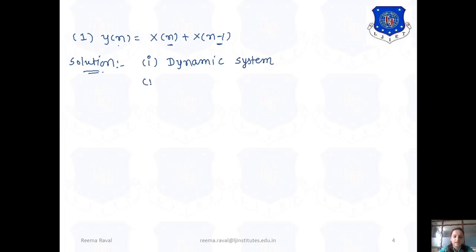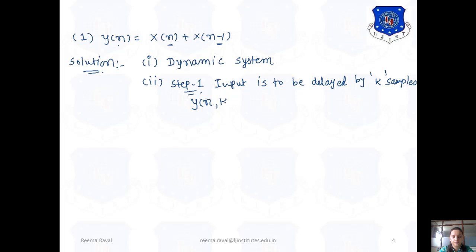Now the second property is whether the system is time variant or time invariant. For that we need to perform 3 steps. Step number 1: delay the input by k samples, and we denote it as y of n comma k.